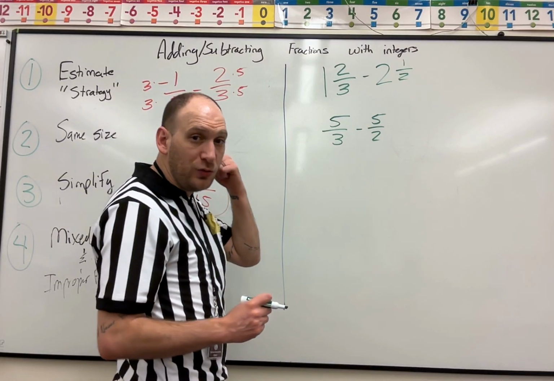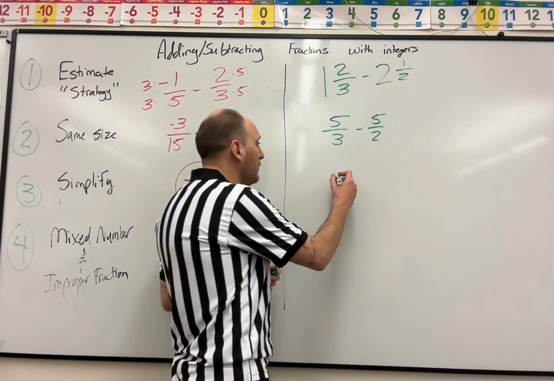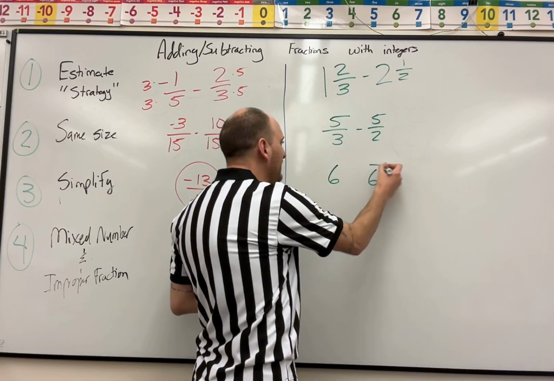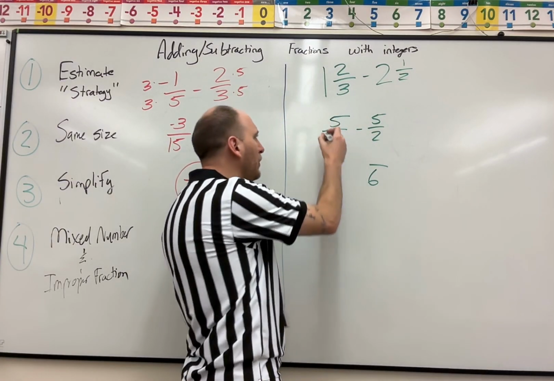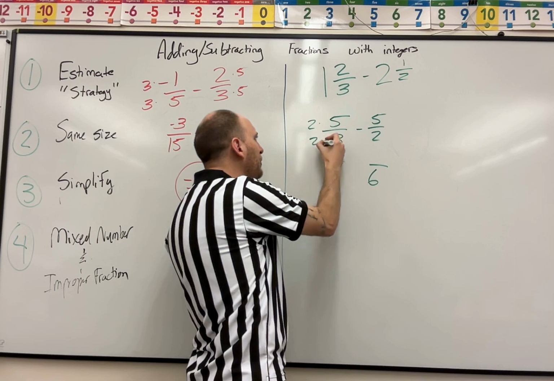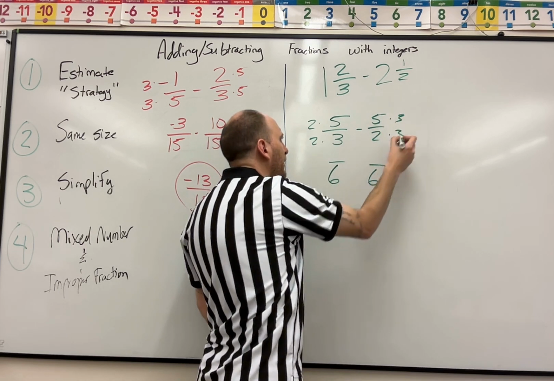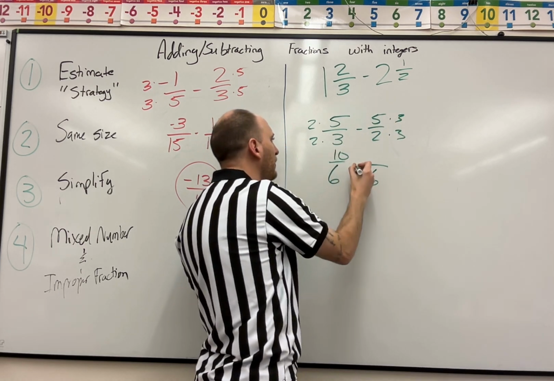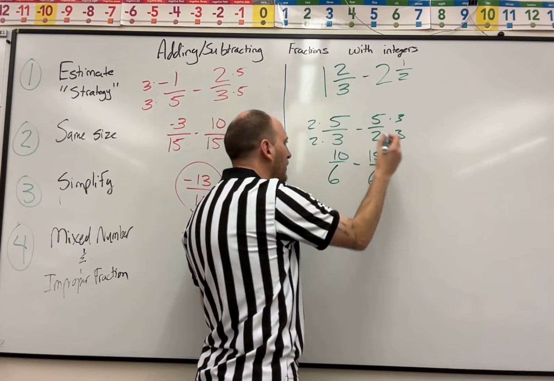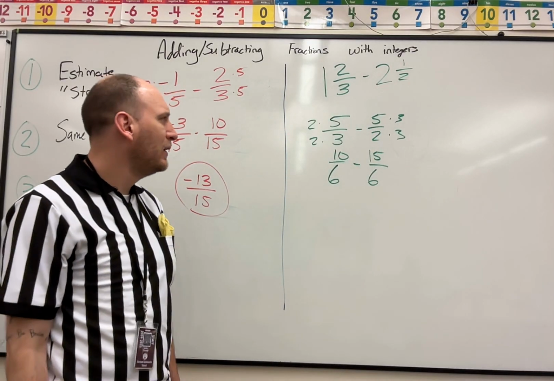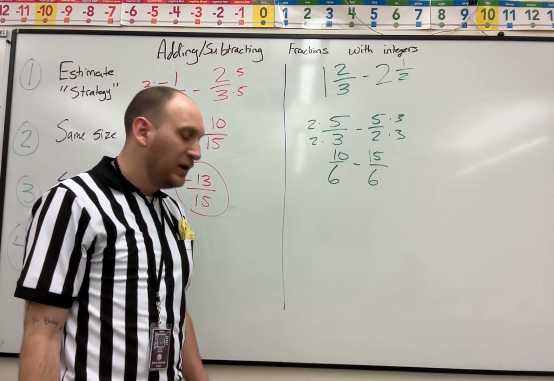In this case, I do need my common denominator. The least common would be 6. So I'm going to multiply both of these by 2, both of these by 3. So I get 10/6 minus 15/6.